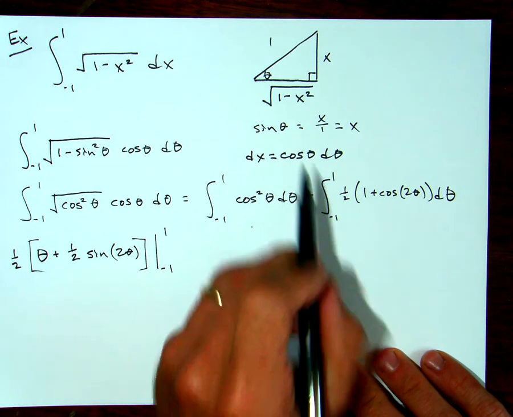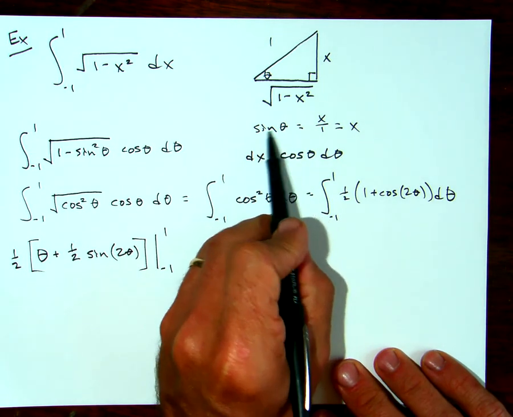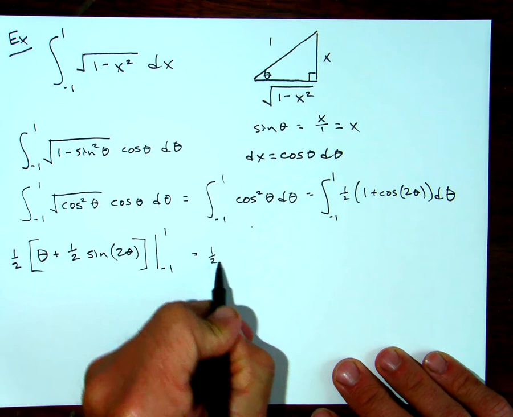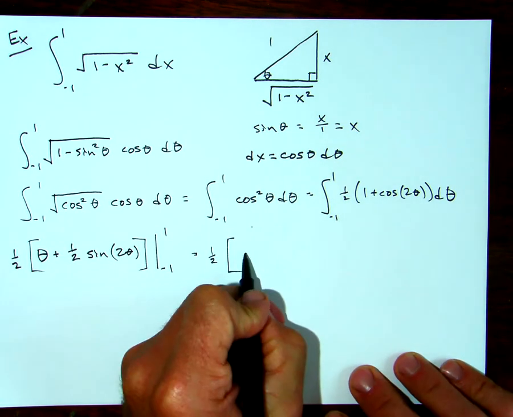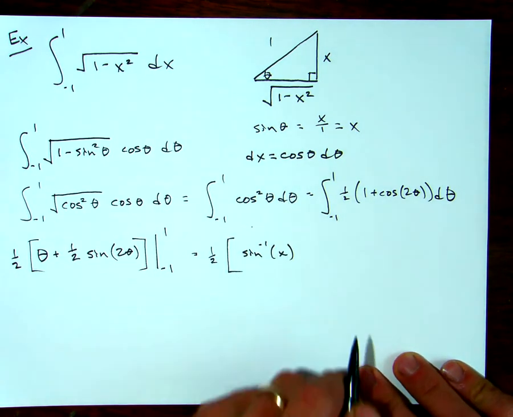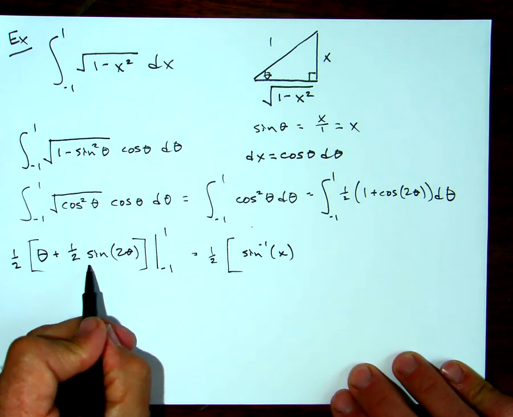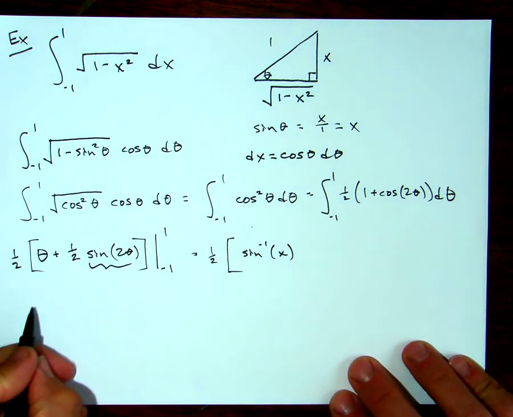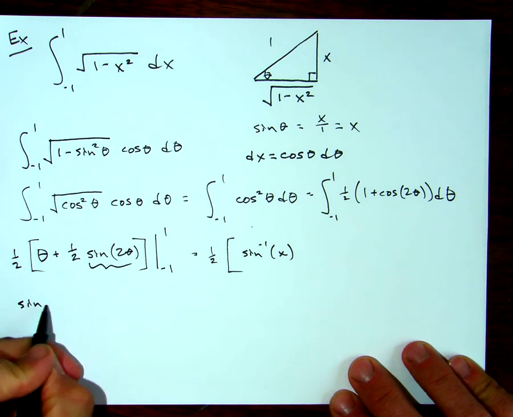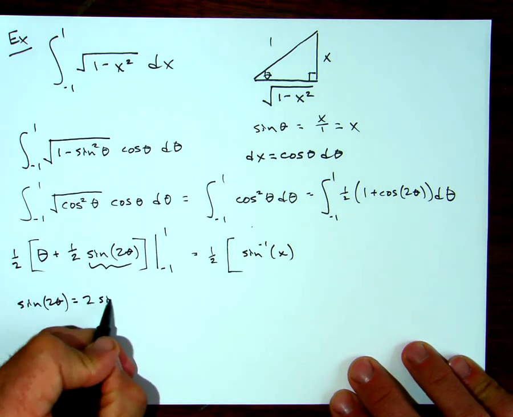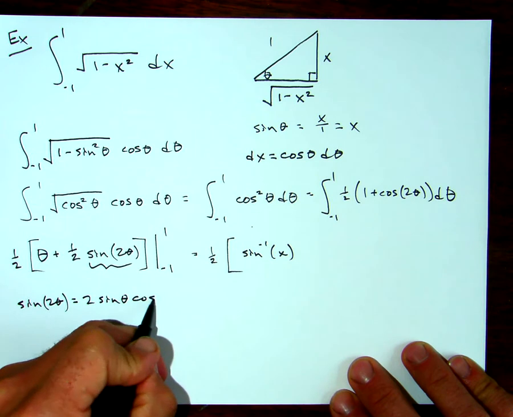Now I've got sine of theta equals x, so that means theta is the inverse sine of x. Now, to deal with this, I'm going to use the identity that sine of 2 theta equals 2 sine theta cosine theta.